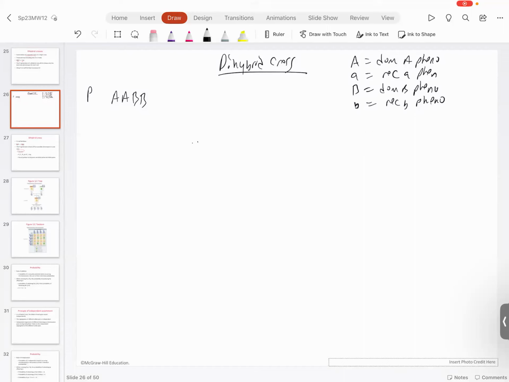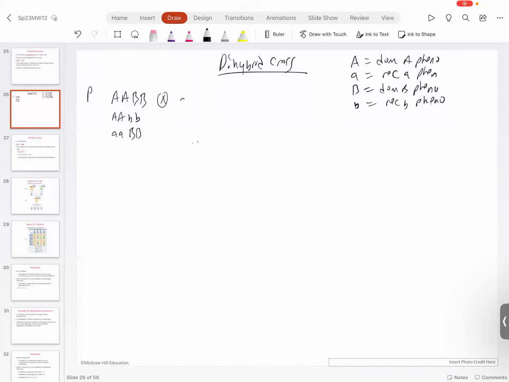So I could equally write a true breeder as big A, big A, little b, little b. That's still a true breeder. It's a true breeder for dominant for A, but true breeder for recessive for B. Or I can write little a, little a, big B, big B. All three of those are true breeders. I'm just making them double dominant for the sake of clarity, okay?